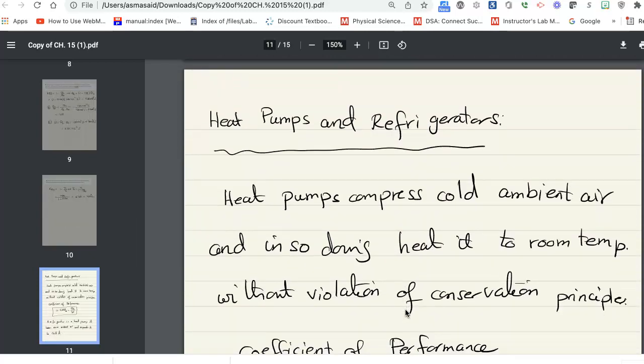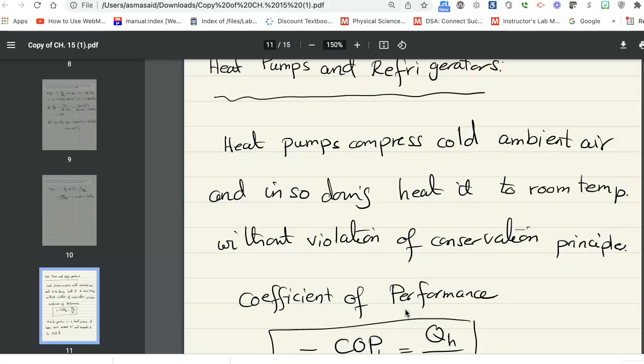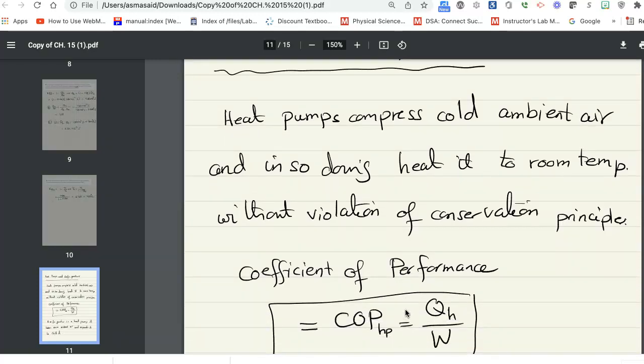Now, other devices like the heat engines, we call them heat pumps, and refrigerators, like the AC devices and refrigerators. These are compressing cold air and expelling the heat, and it will not violate the conservation principle of energy.